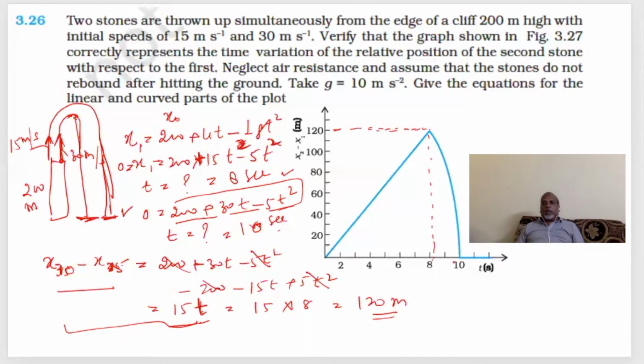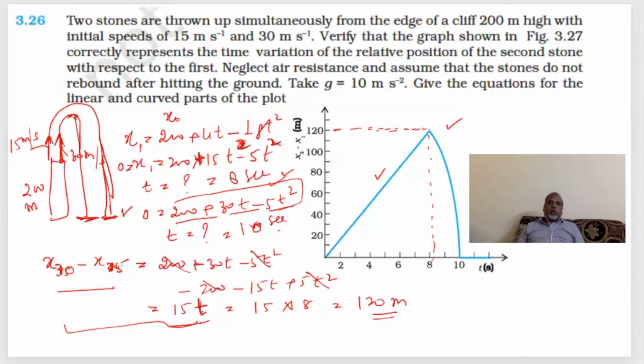After that it is a parabola for the remaining 2 seconds, because after 8 seconds, for the last 2 seconds, only one stone will be in the air and dropping, and its trajectory will be like this. Whereas the trajectory of relative motion will be like this. So this is the graph, basically. Correct?